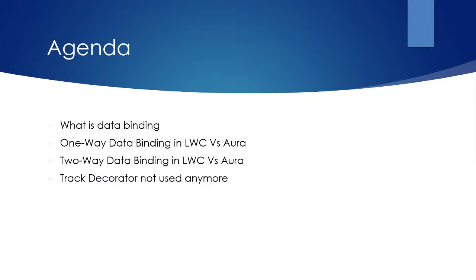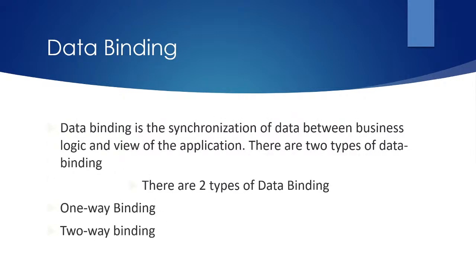Then Aura versus LWC; we will not be doing Aura, but I can show you the screenshots and why LWC is better than Aura. Then two-way binding, and the track decorator, which is not used anymore. What was the track decorator, why was it used, and why is it not being used anymore.